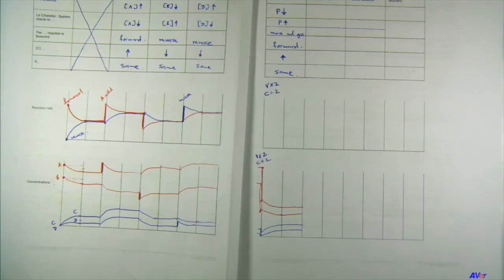And remember, bigger gradient and it becomes smaller. Right. As they sort it out, then it goes to constant rate, constant concentrations.